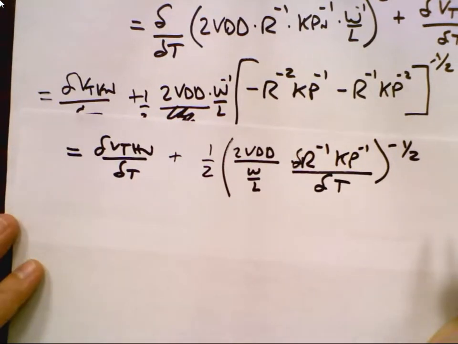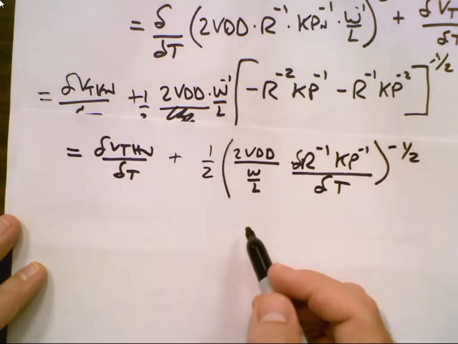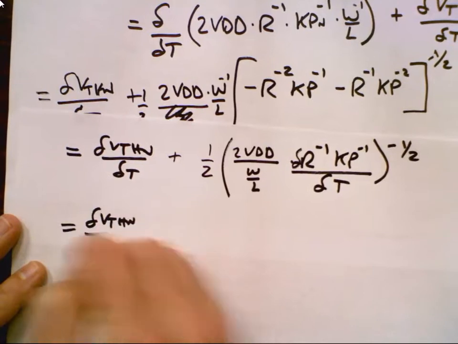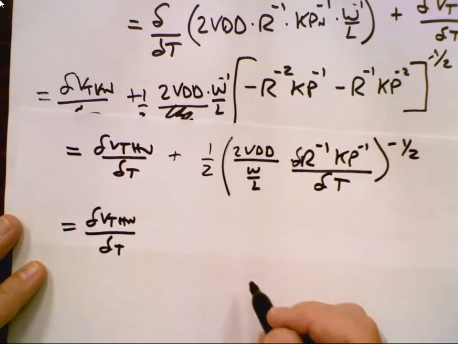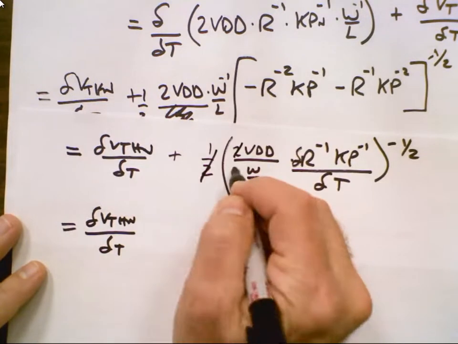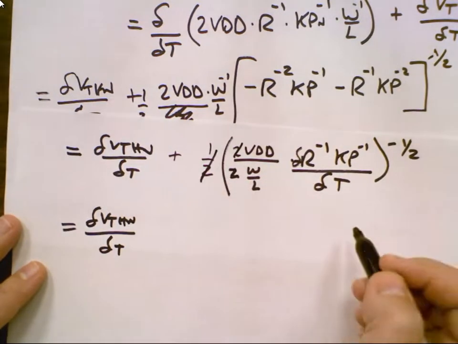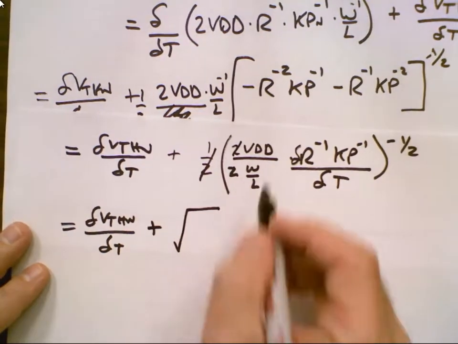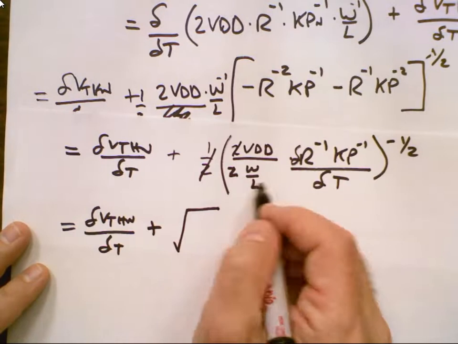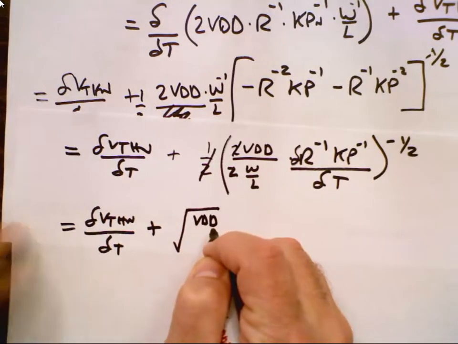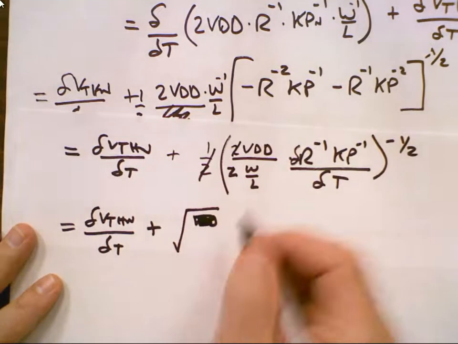And so then I can rewrite that as del V threshold N over del T, and then move this inside, and that cancels with that and gives me a 2 down there, and then I get plus the square root of VDD over 2W over L. I gotta flip it around.